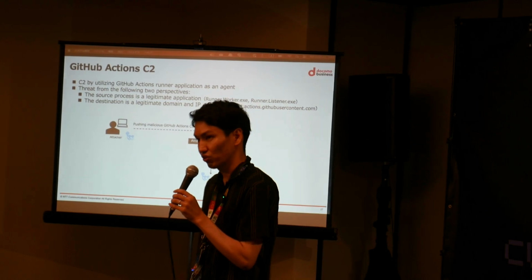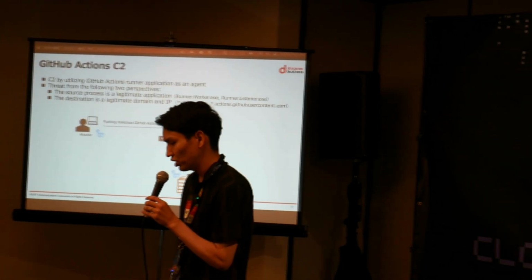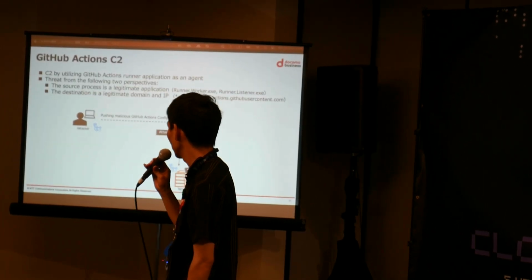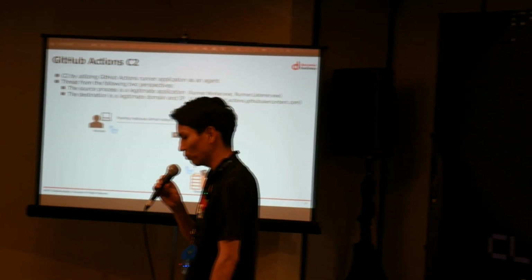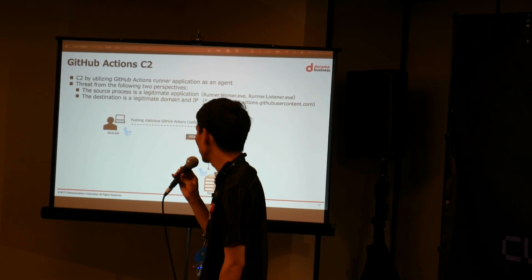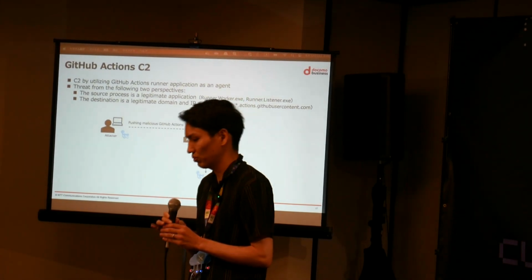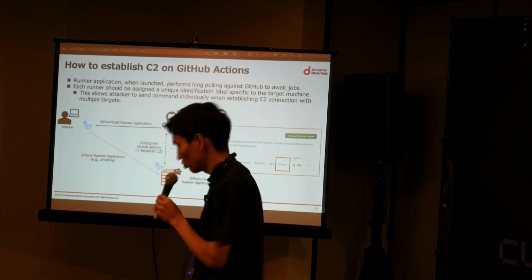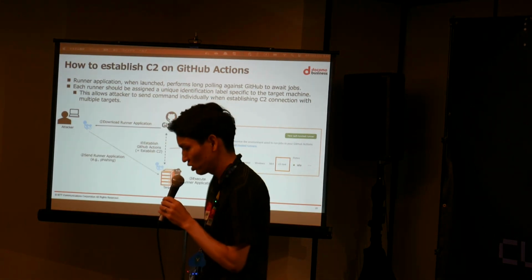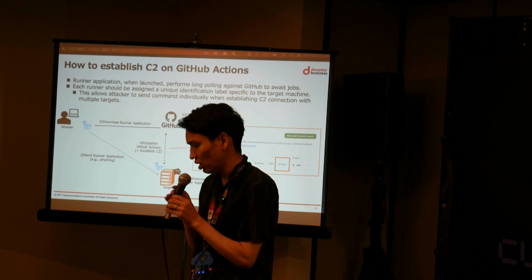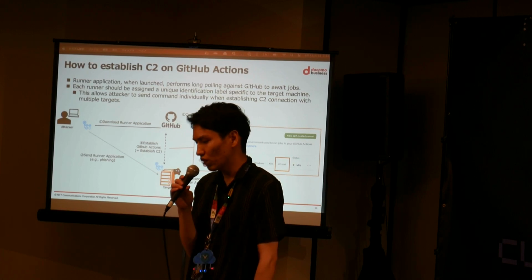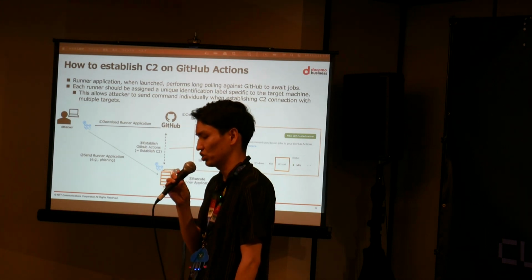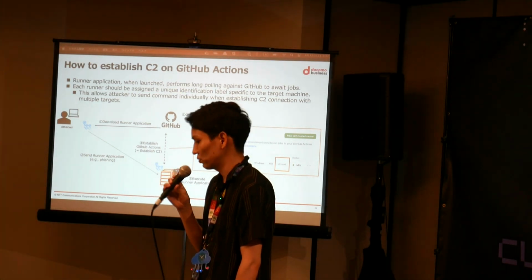This C2 has two features. Firstly, the source process is a legitimate application, Runner.Worker.exe. And the second point is that the destination is a legitimate domain and IP. So how to establish C2? As officially stated, the runner application when launched performs long polling against GitHub to await jobs.